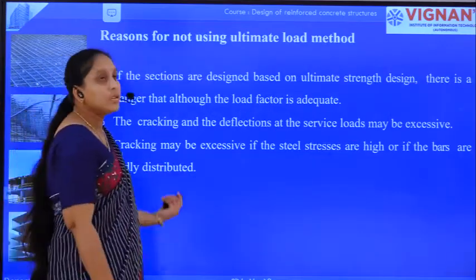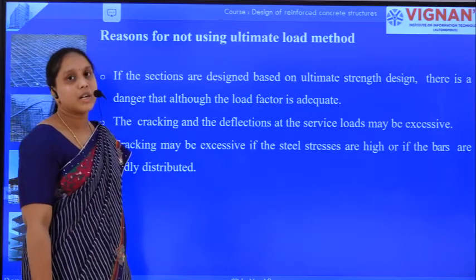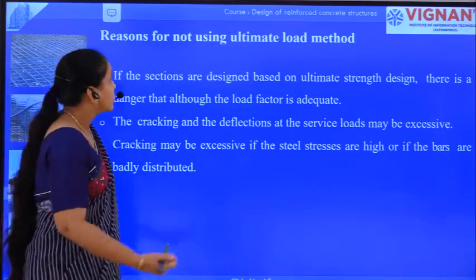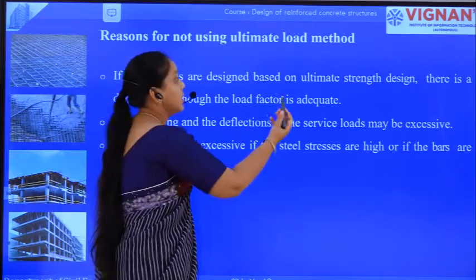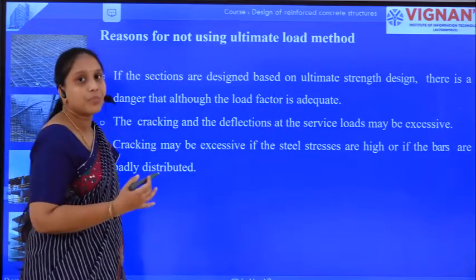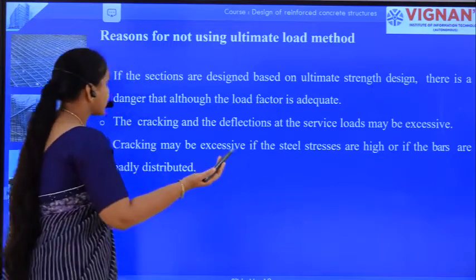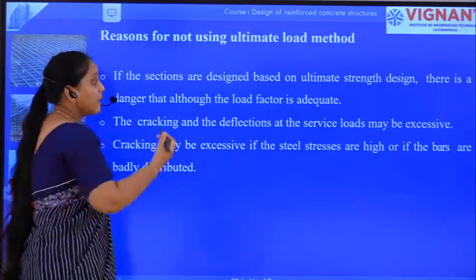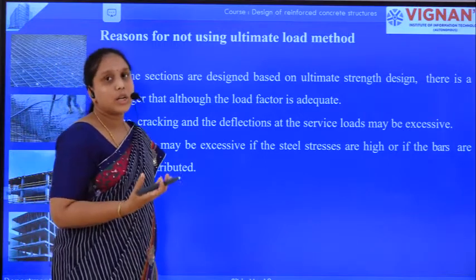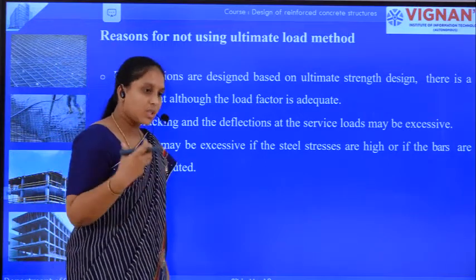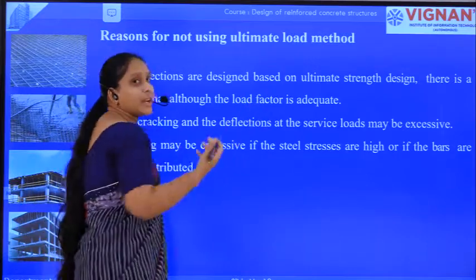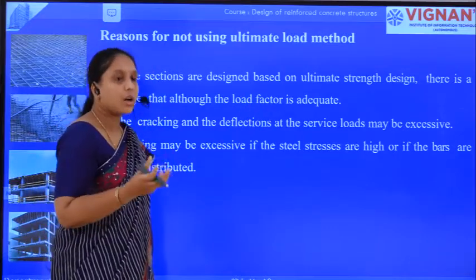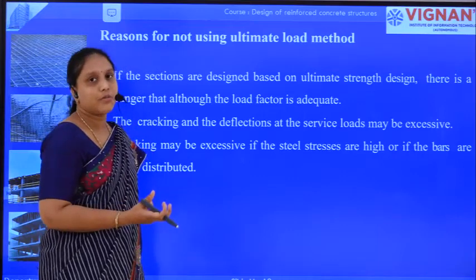Why is the ultimate load method not used? In the design of the ultimate load method, the ultimate strength is used. Even though the loads have been factored and the ultimate load is used, the ultimate strength is used, that is, we are not decreasing the strength of the material.